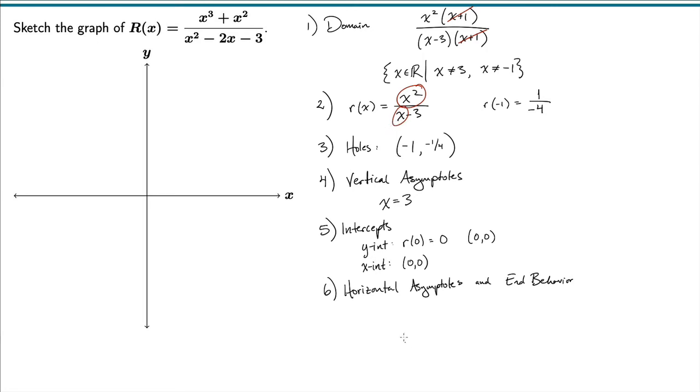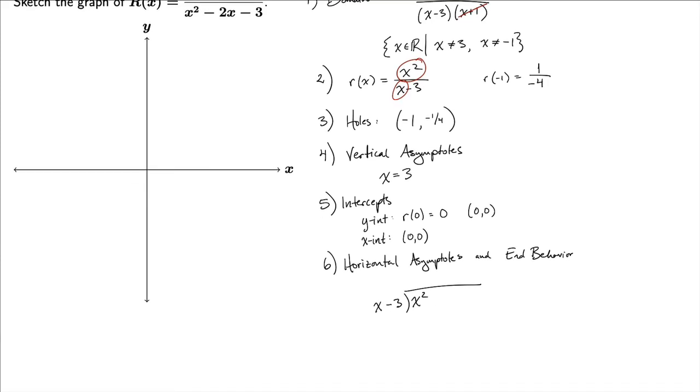And we can find that by doing long division. So we have x squared divided by x minus 3. We'll go through this long division to find the slant asymptote. So x times x will give us an x squared. We multiply the x by the x minus 3, so we get x squared minus 3x. Then we subtract. The x squared cancels, and we are left with minus a negative 3x.